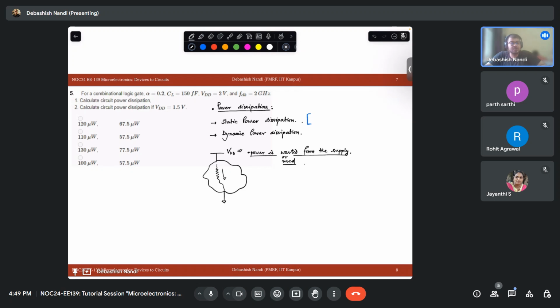So this is what we call your power dissipation by the power supply. Okay.